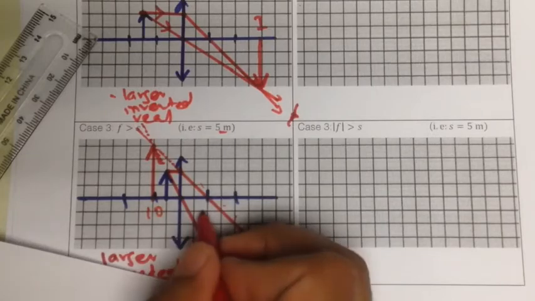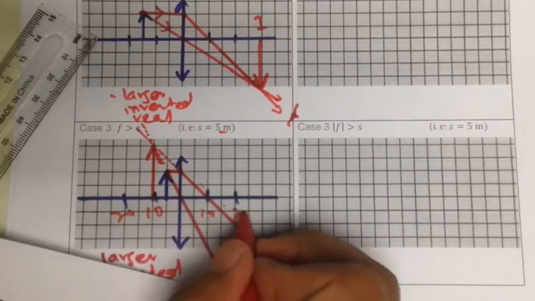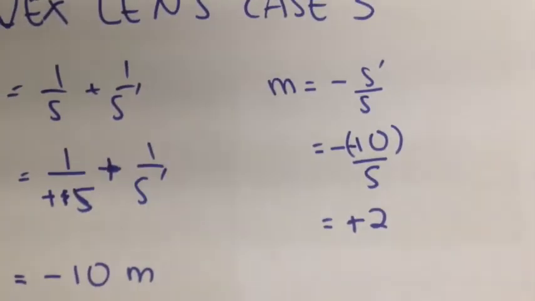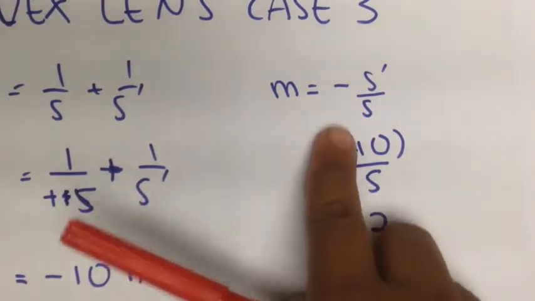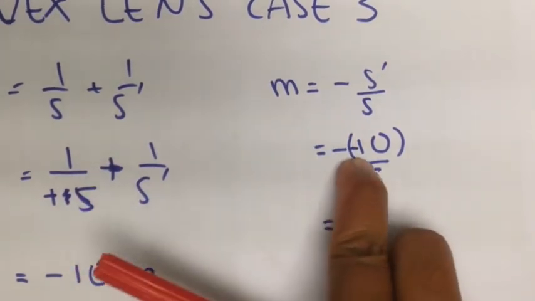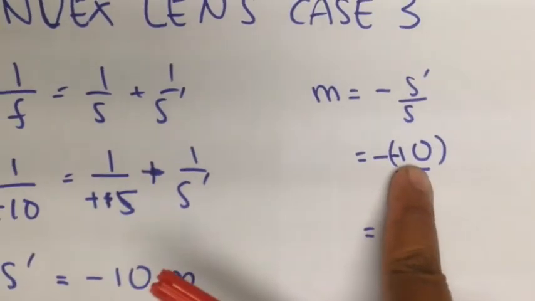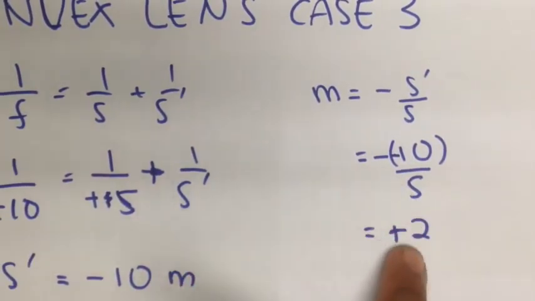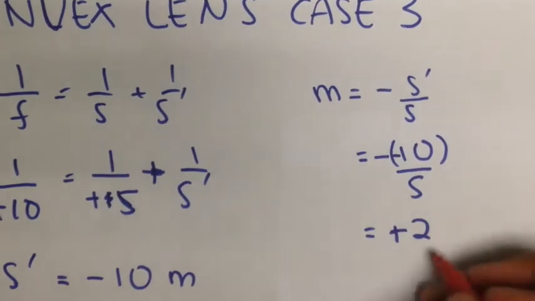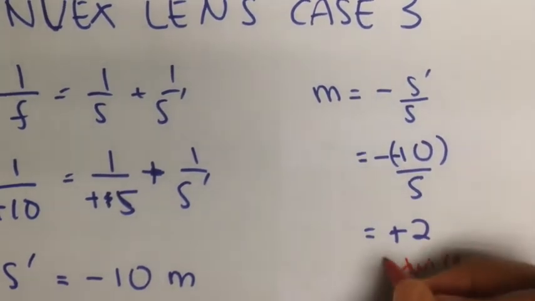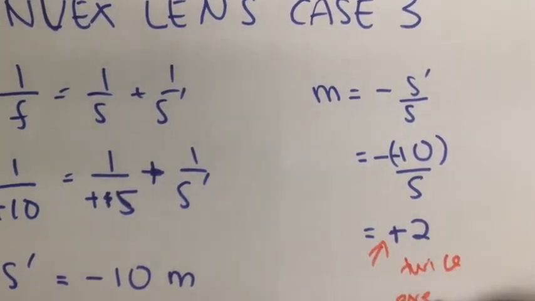This is 10, this is 10, right? 20, 30. And then the magnification, you put the same way, but beware of this negative, because we have negative here. So we put it inside here, negative, so we have positive 2. So it is twice, and it is erect.